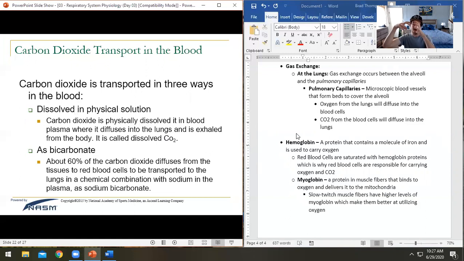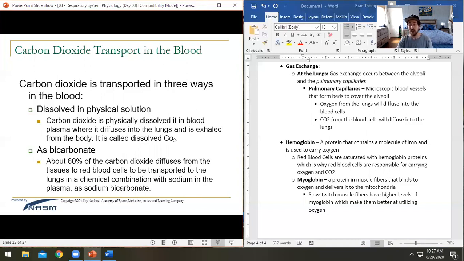Some of it, once it reaches your blood, dissolves into individual pieces and then also gets exhaled by your lungs. But about 60% of it diffuses into what we call bicarbonate. And so about 60% is transported in combination with a little bit of sodium. That's where you get what's called sodium bicarbonate.